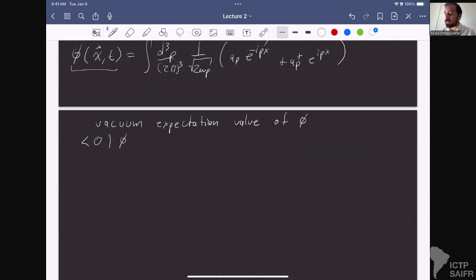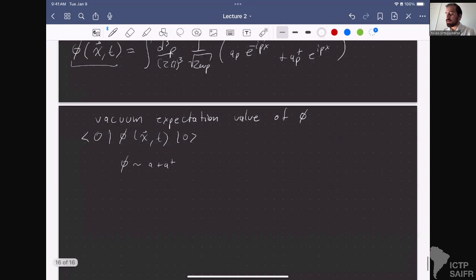So that would be just taking the ground state, which we identify with the vacuum since it has 0 particles, and sandwiching our time evolving operator. In this case, we know that the field is proportional to a plus a dagger. So a is going to annihilate the vacuum on the right. a dagger is going to annihilate the vacuum on the left. So this is just 0. So in this case, this field has a 0 vacuum expectation value.